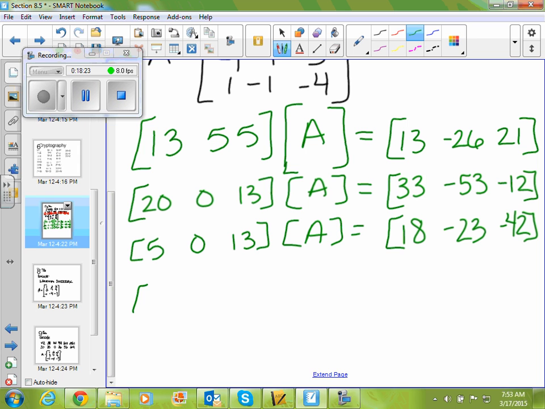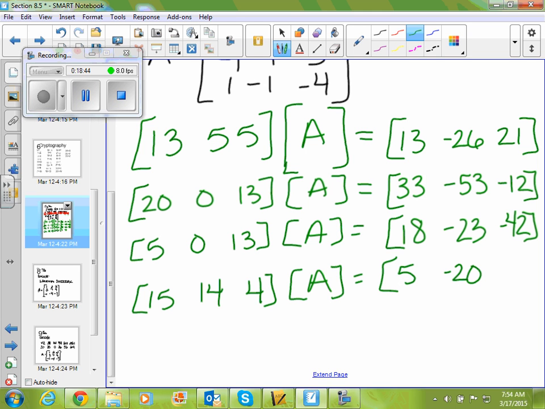My next matrix was 15, 14, 4. So if I take 15, 14, 4 times A, I end up with 5, negative 20, and 56.